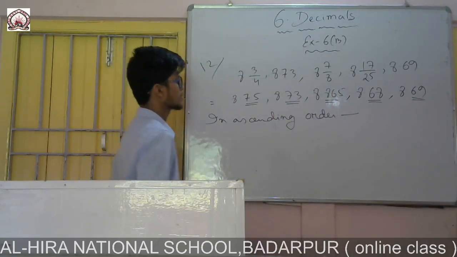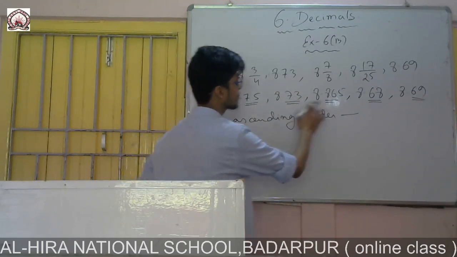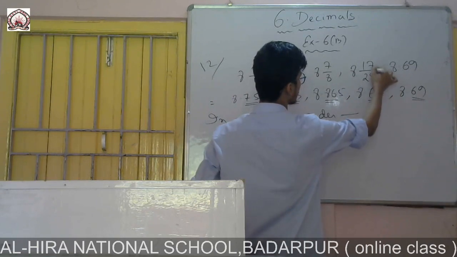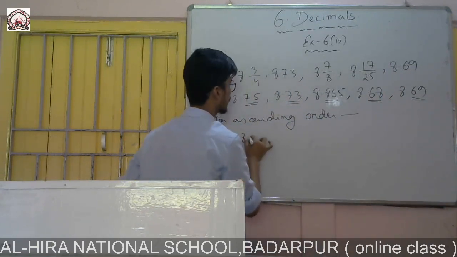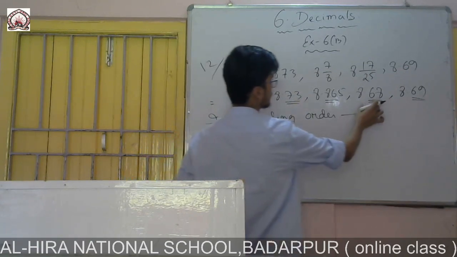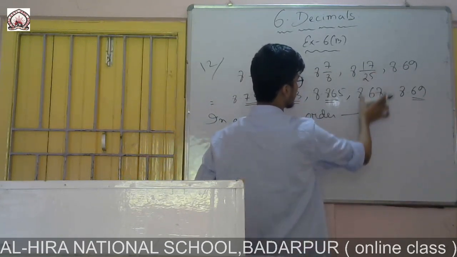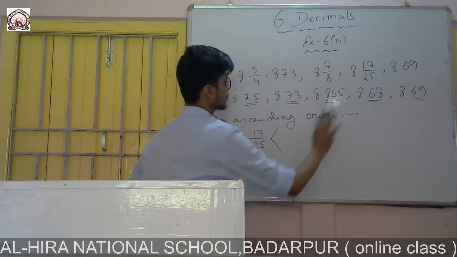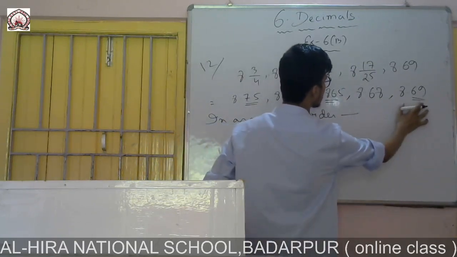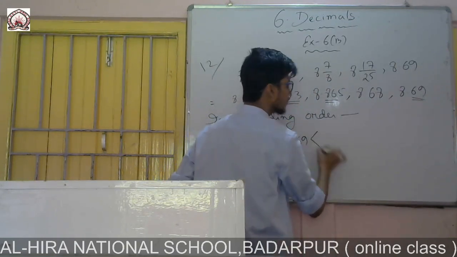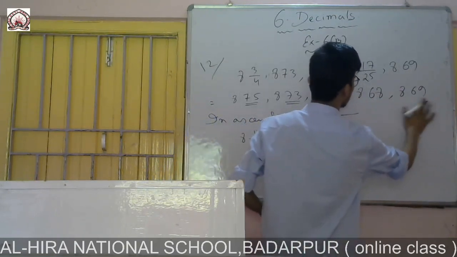Which one is smaller here? 68 is smaller. This one represents 8 17/25. This one is the smallest. Then 69 comes, which is equal to 8.69. These two are finished.